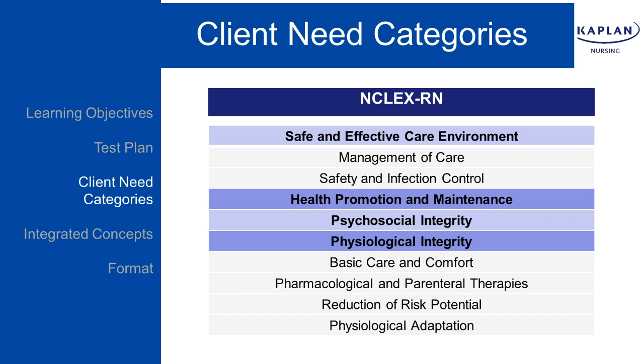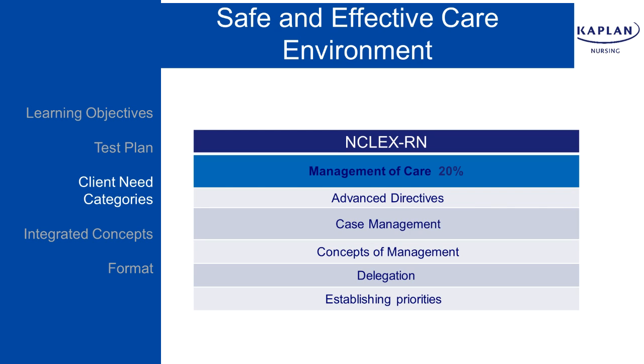And it is divided into 4 subcategories: basic care and comfort, pharmacological and parenteral therapies, reduction of risk potential, and physiological adaptation. So let's look at each of these subcategories in more detail. Management of care is 20% of the questions that you receive on the NCLEX exam. It doesn't matter how many questions you have, 20% of your questions will come from management of care.